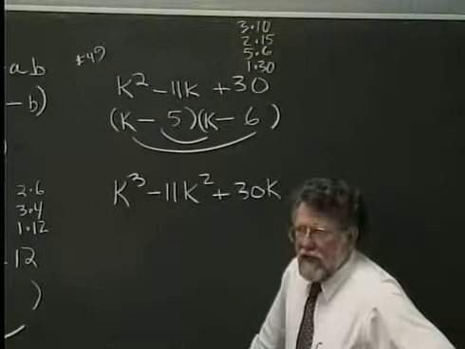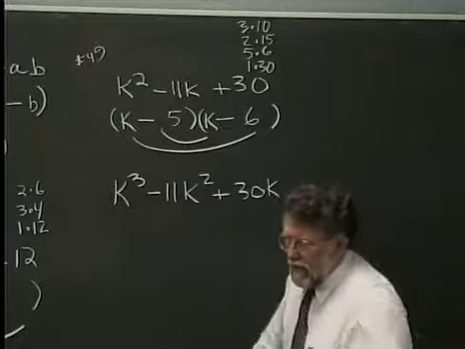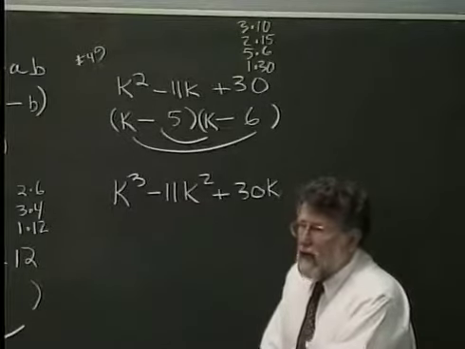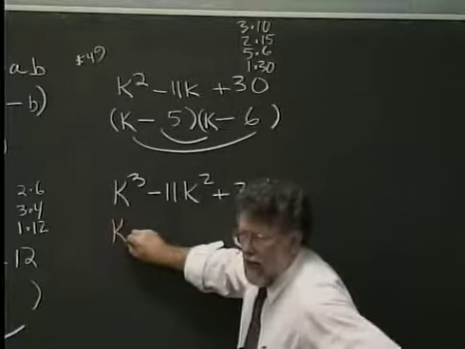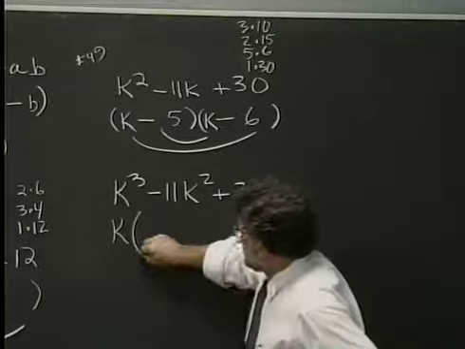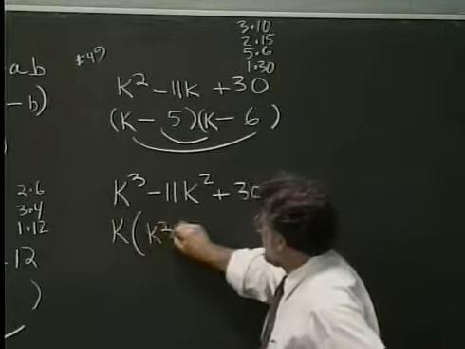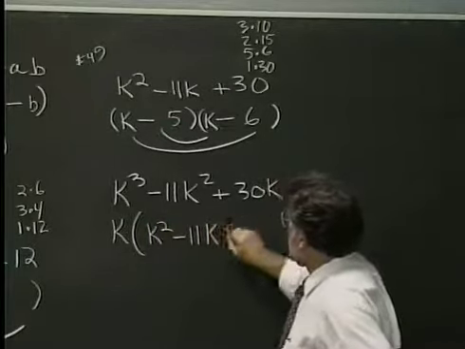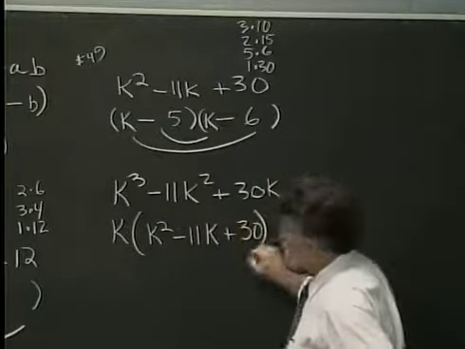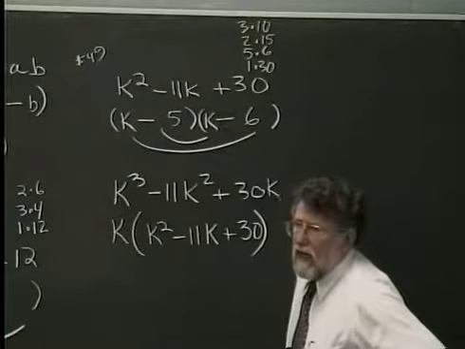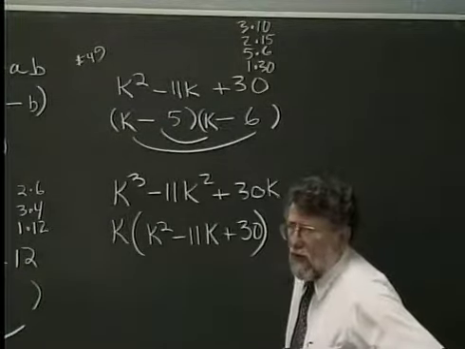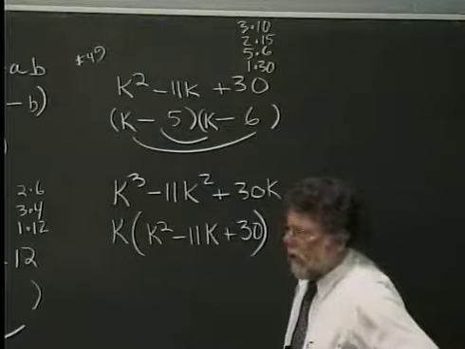So what is the first thing you are obligated to do if you're going to have hope of writing this as a product ultimately? Taking the common factor out, first step. So remove the common factor, then we're at k squared minus 11k plus 30. But if you don't do that as a first step, I think your chances of being successful are compromised.